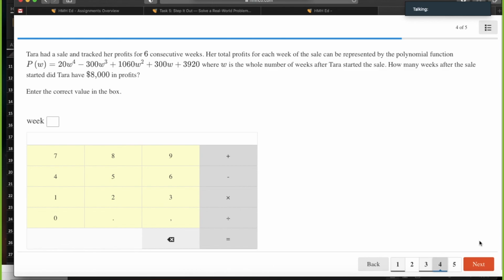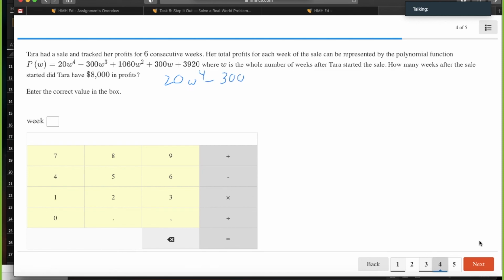How many weeks after the sale started did Tara have $8,000 in profits? So basically, when does this whole equation equal that, right? So we're going to set it equal, and then we're going to subtract. I'm going to skip a couple of steps. I hope you kept up with what I'm doing.